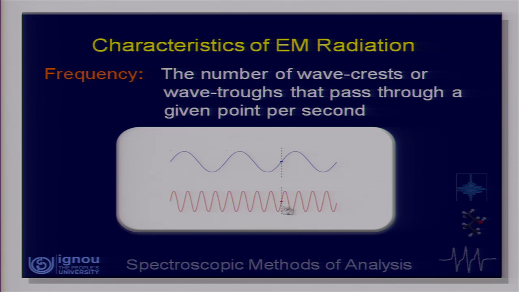That means this wave shown here in red will have a higher frequency than this wave shown in blue, which has a larger wavelength. So, what we see from here is that there is a relationship between the wavelength and the frequency. The larger the wavelength, the smaller the frequency, and vice versa.